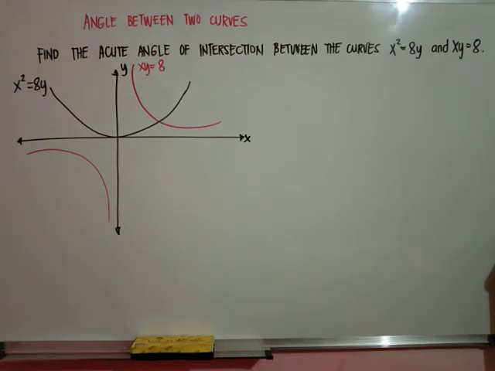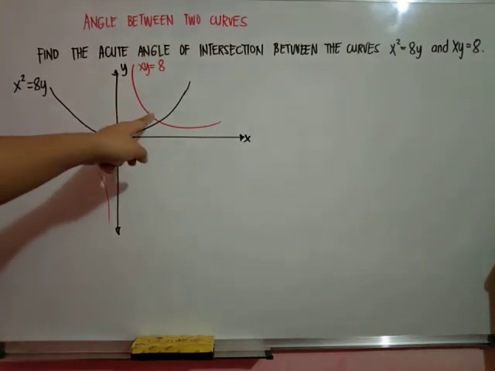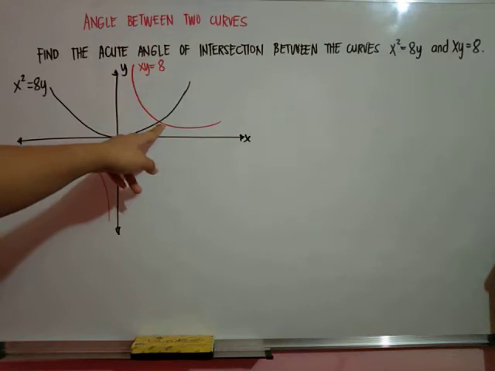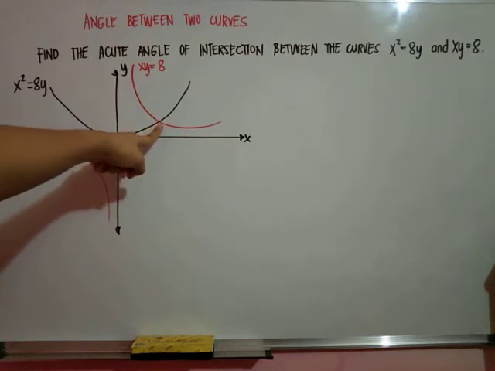So, ang tinatanong sa atin, ilan yung sukat nung acute angle dun sa intersection ng dalawang curve. So, ito yung point of intersection niya, di ba?